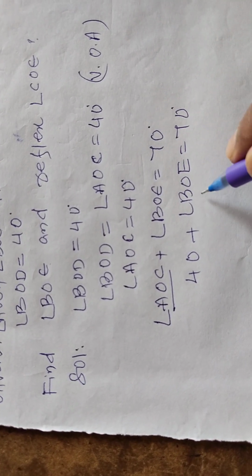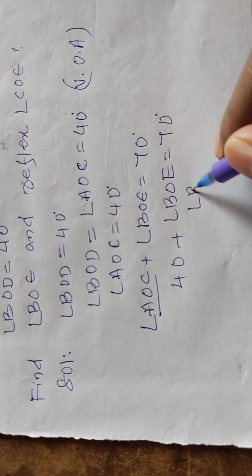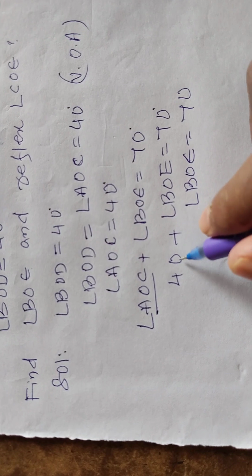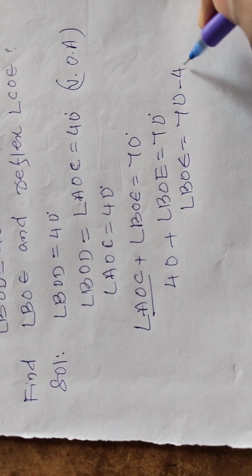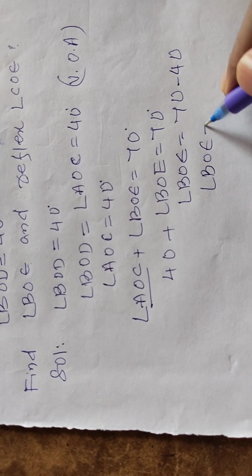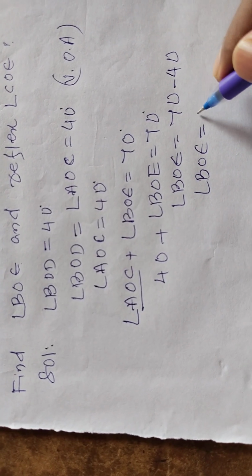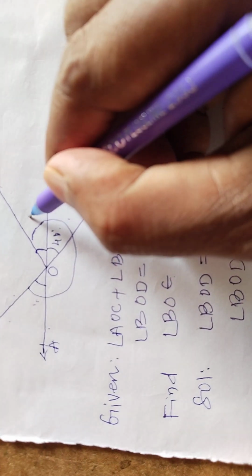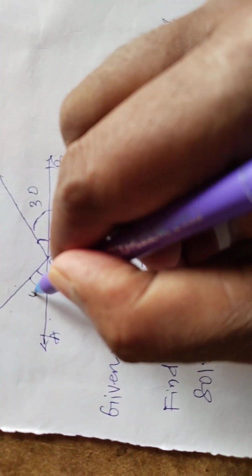Now we just have to find angle BOE. Angle BOE is equal to 70, transpose 40 to the right side, minus 40. Angle BOE is equal to 70 minus 40, which is 30 degrees. Now here we got this as 30 degrees as well as this as 40 degrees.